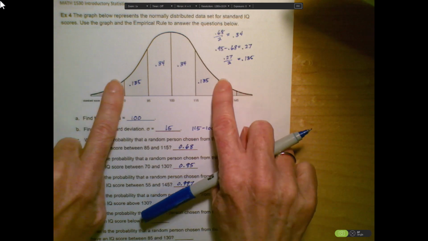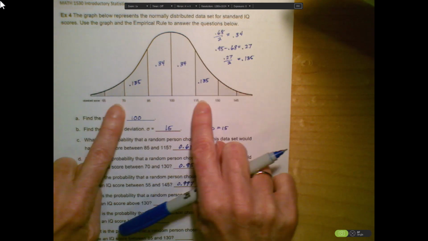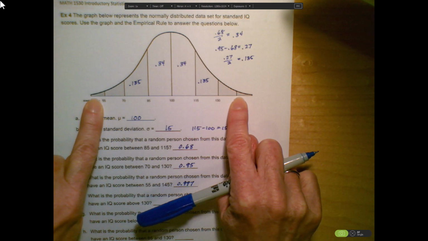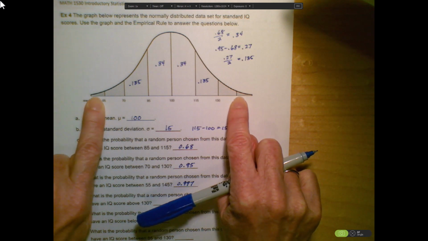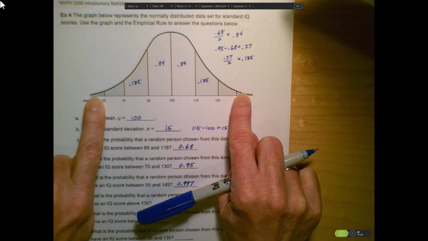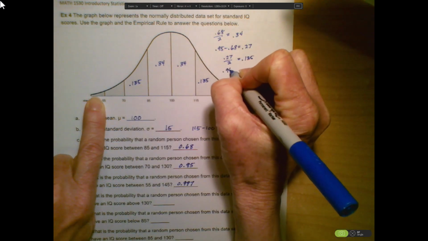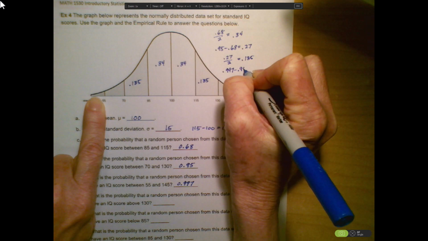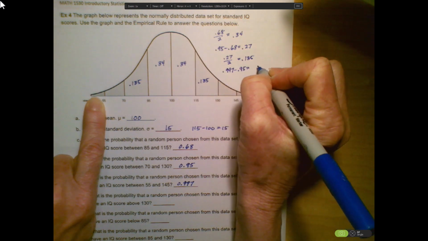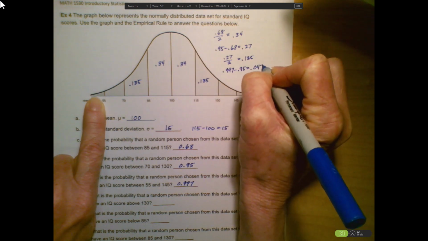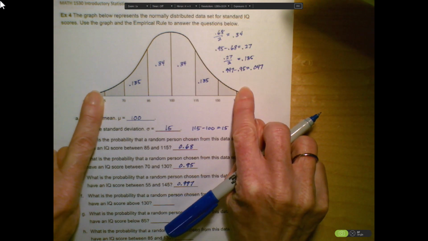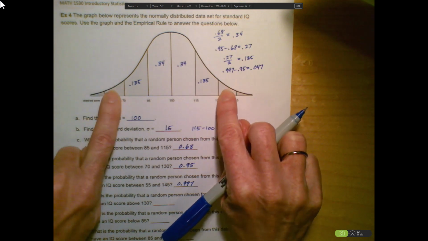Okay, we've got 2 more little pieces here. If you go out to 3, that's where you have 0.997, but we've already accounted for 0.95. So let's take 0.997, subtract the 0.95, see what's left, 0.047, but 0.047 is this plus this.